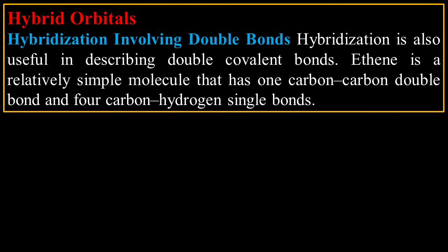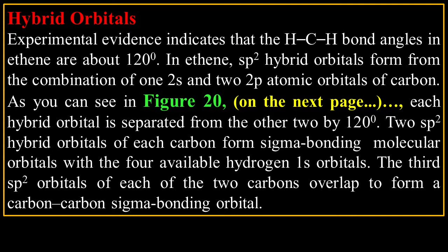Hybridization involving double bonds. Hybridization is also useful in describing double covalent bonds. Ethene is a relatively simple molecule that has one carbon-to-carbon double bond and four carbon-hydrogen single bonds. Experimental evidence indicates that the HCH bond angles in ethene are about 120 degrees.